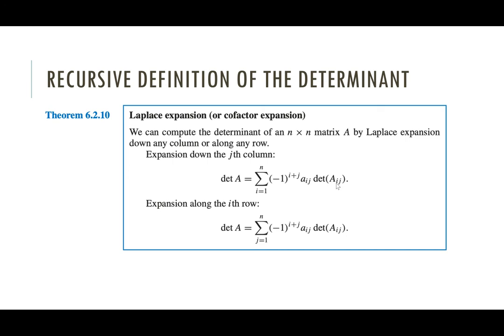And then if you have a 7 by 7 matrix and you want to know its determinant, expand down a column and you get a bunch of 6 by 6 determinants. For each of those, expand down a column, so you get a bunch of 5 by 5 determinants. Expand again, you get 4 by 4 determinants, and then maybe you get down to 3 by 3 determinants, and you've definitely made a calculation error at this point. But in theory, you've got your method.